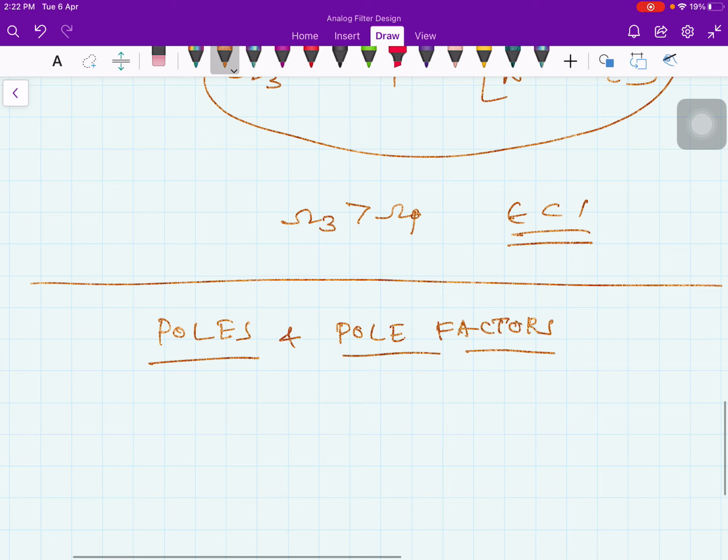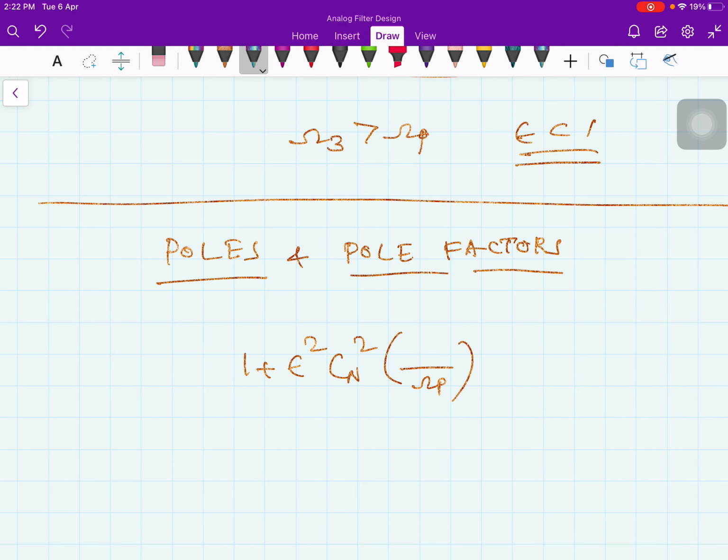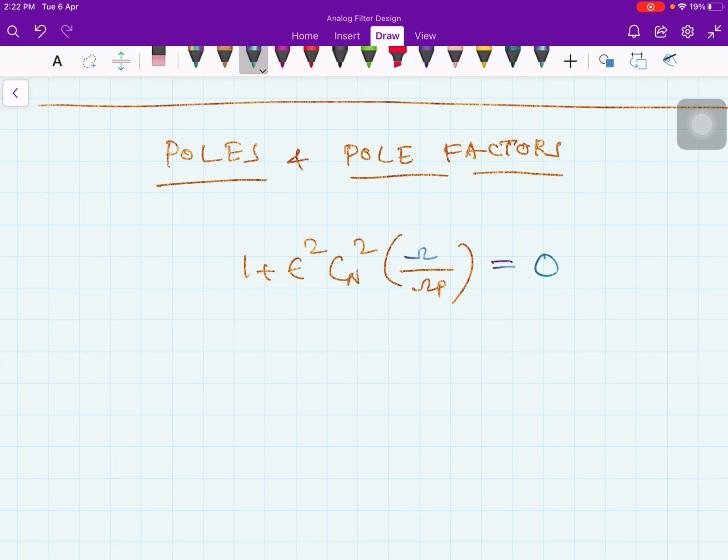Obviously, the pole factors will satisfy 1 plus epsilon squared Cn squared of omega by omega p. Okay, because there is a denominator polynomial, the denominator must be equal to 0. Okay, in the Chebyshev magnitude function, this is the denominator, and this denominator should be equal to 0 in order to find out the poles.